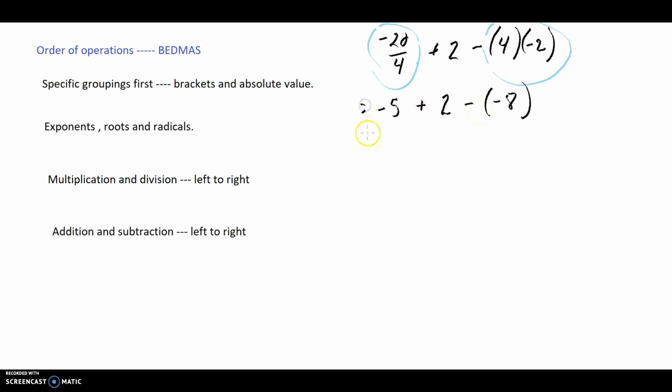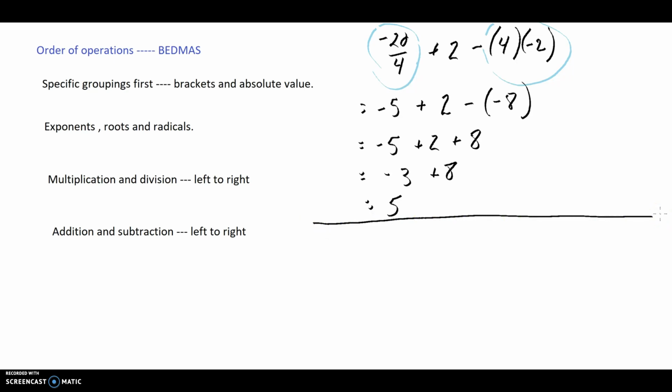So this becomes negative 5 plus 2, and subtracting a negative is adding a positive. So negative 5 plus 2, that gets me to negative 3. And negative 3 plus 8 is positive 5. So there's an example of working through order of operations.